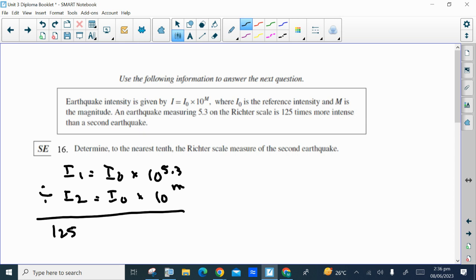So if you divide their intensities, you'll get a quotient of 125. When you divide the I sub zeros, they cancel. And when you divide the powers with bases of 10, you subtract the exponents and keep the base the same. So it'll be 10 to the power 5.3 minus m.